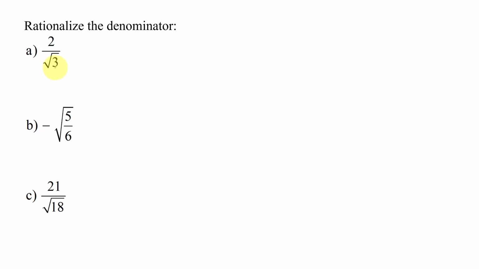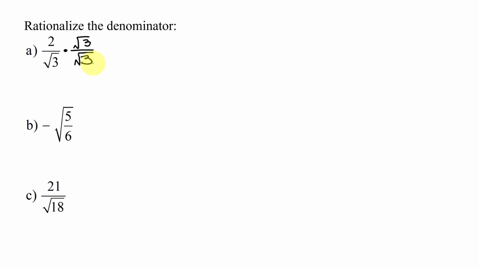And if you ever have a square root that's in simplest form in the denominator, the easiest way to rationalize the denominator is you multiply the numerator and the denominator by this square root. So I'm just going to multiply by the square root of 3 divided by the square root of 3.